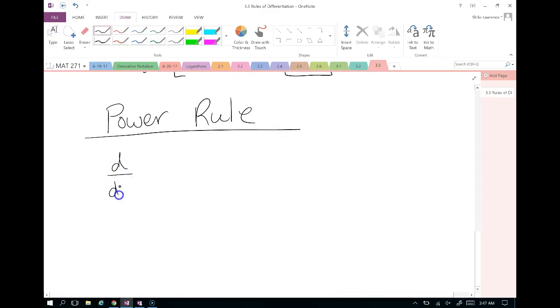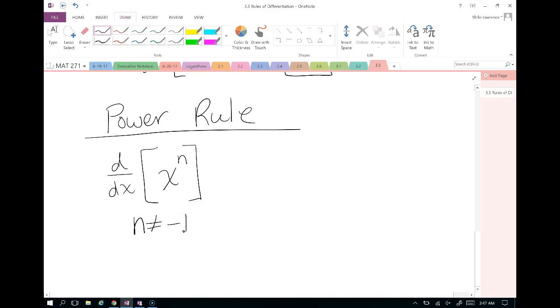Anytime we want to take the derivative of something that can be written as x to the nth power, and now there's really not many rules on what n can be. n can be a positive whole number, it can be a negative whole number, it can be a fraction, it can be a decimal. So there really isn't any restrictions on n, except n can't be negative 1.